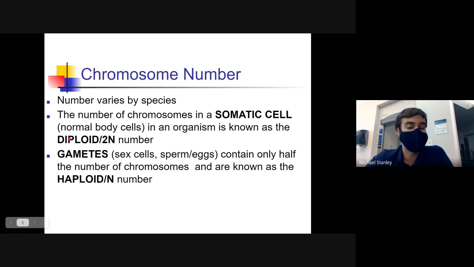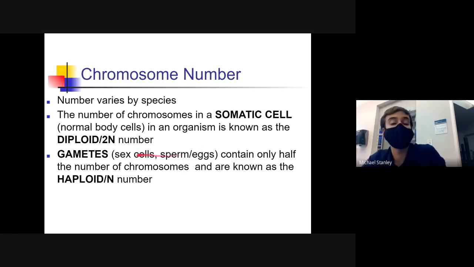The other, like 1% of cells in your body are your gametes, your sperm cells or egg cells. And these guys are a little bit different. These guys are not diploid, they are haploid, meaning that they only have 23 chromosomes inside them. They only have 1 set of chromosomes.